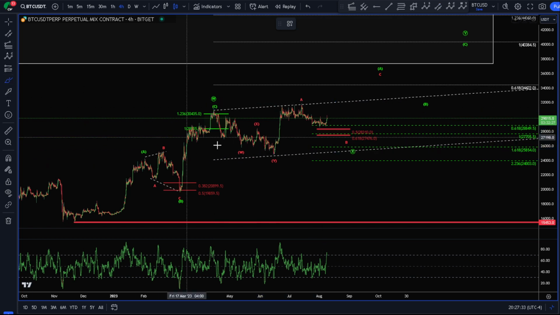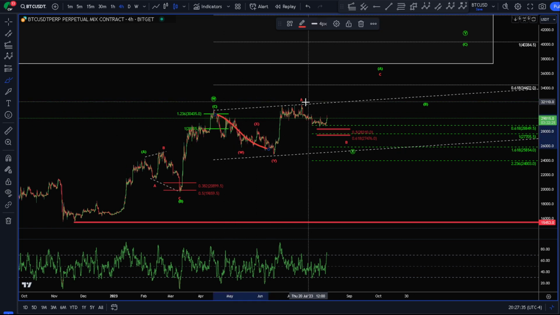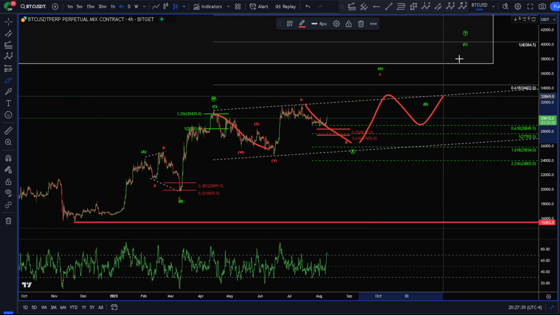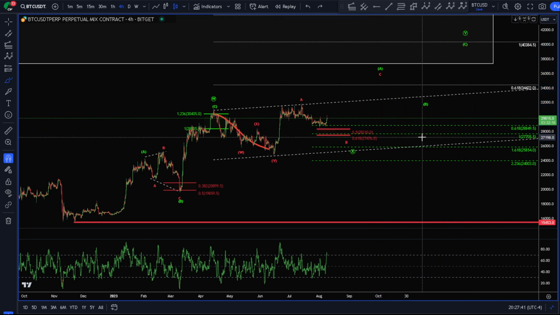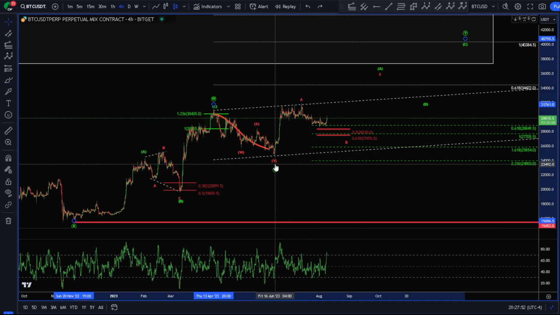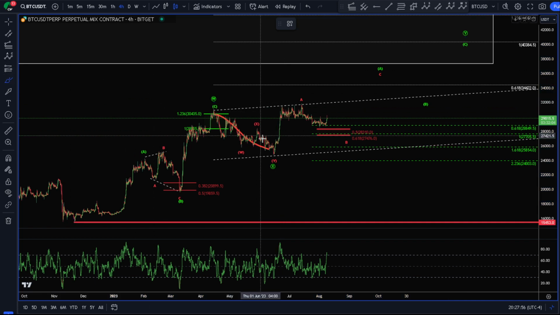Where we'd expect an equal wave relationship here, at which point then we would start our Y wave. Either way, we're expecting the next move to be down, whether we've started the A wave or not. Now currently I'm leaving that as in it is finished because of this impulsive wave we got here.